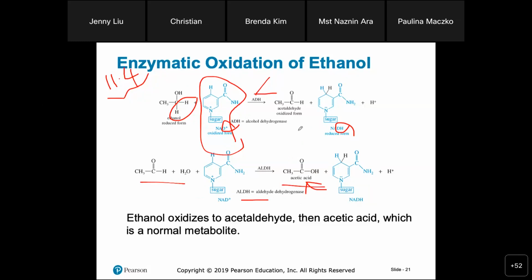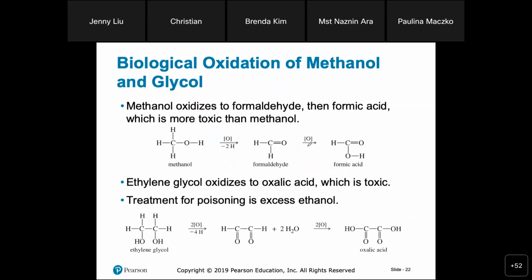The most important thing is that we do this step to detoxify, and it occurs in our body as part of our biochemical reactions. A certain amount of alcohol consumption is okay because your body can produce the enzyme and do this reaction. But if anybody drinks too much, then they need additional detoxification and need to go to the hospital. If you have any questions, let me know.